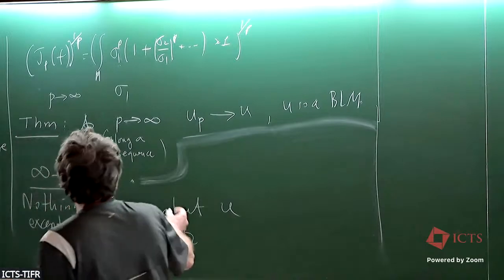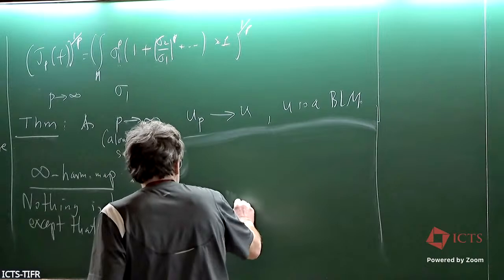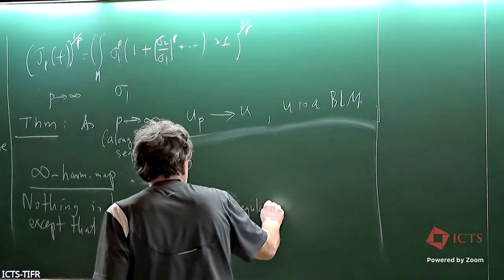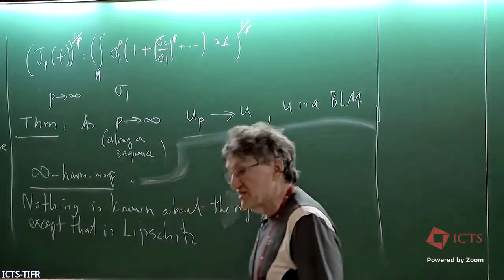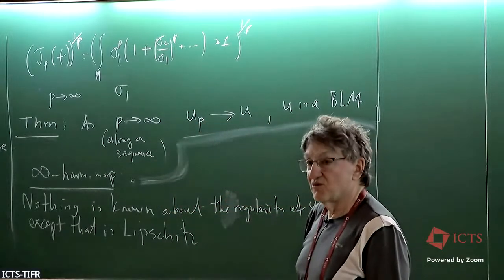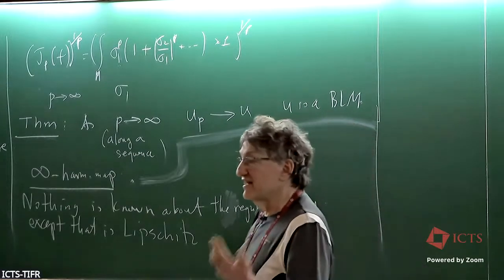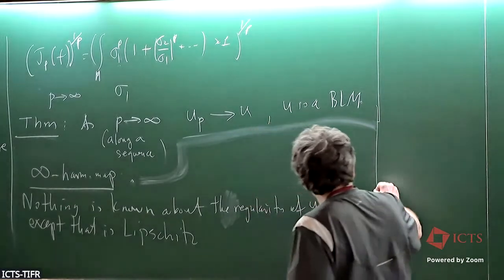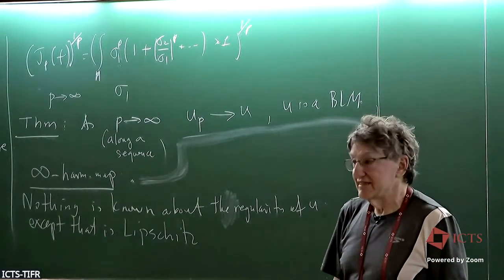Nothing is known about the regularity of U. It's the best Lipschitz map, and that's the whole point. But about the regularity, for example, we don't know anything more regular. So therefore, it's very hard to work with it. So we have to get by with what we have.